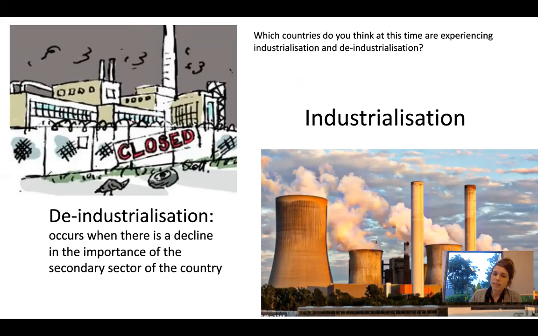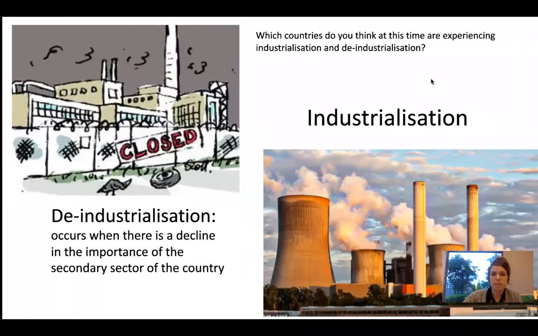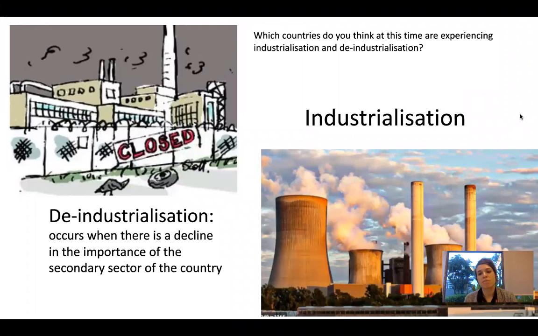Now, industrialization is usually for developing countries because they are using more manufacturing to change their economy. So they are making more money from the secondary sector, from the secondary stage, from manufacturing.